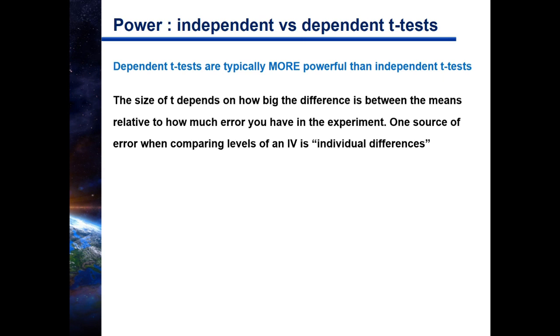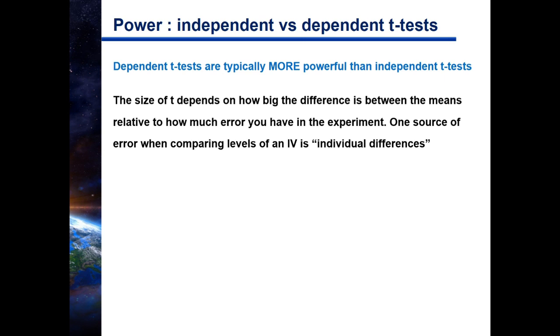Then if I have Tom, Dick, and Harry in group 2, I have a whole new set of people, a whole new set of quirks. So now we've got lots and lots of quirks that can be influencing the scores of the dependent variable, and it has nothing to do with the independent variable. And so we say that individual differences become a source of noise.